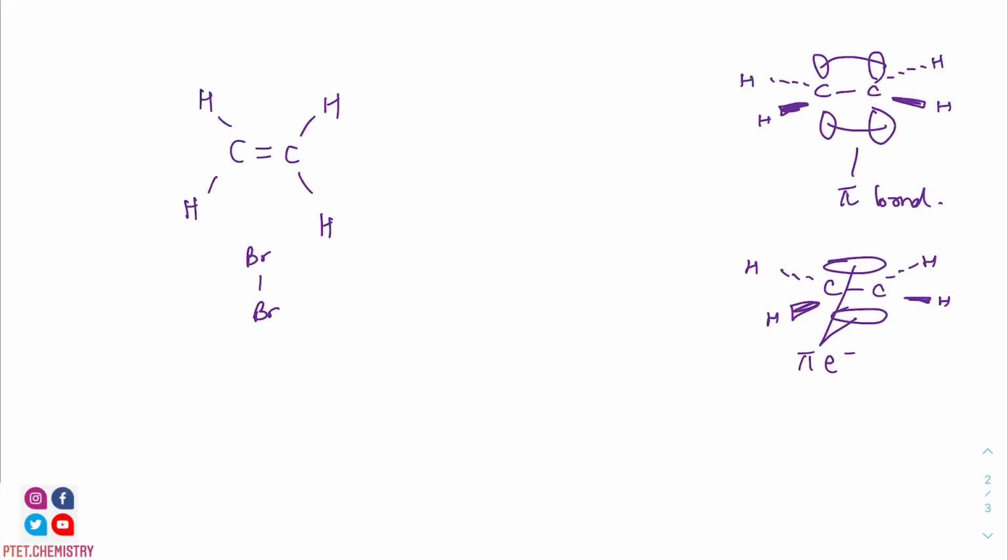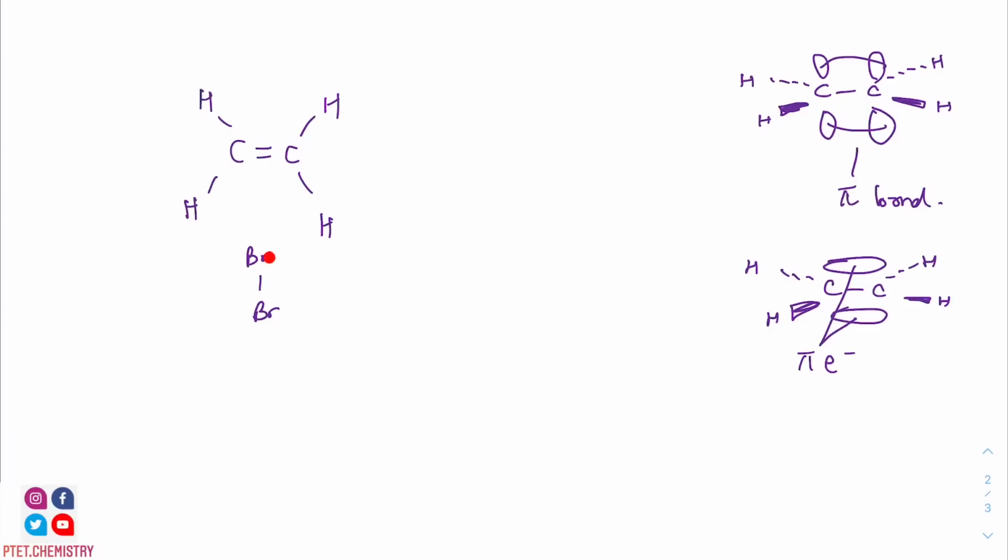That is your pi electrons. It is the pi bond, rich in electrons, that can polarize the Br2 molecule, which is non-polar. When this comes close, being rich in electrons, it can polarize the bromine molecule. Electrons are negatively charged, so it will not make this negative.